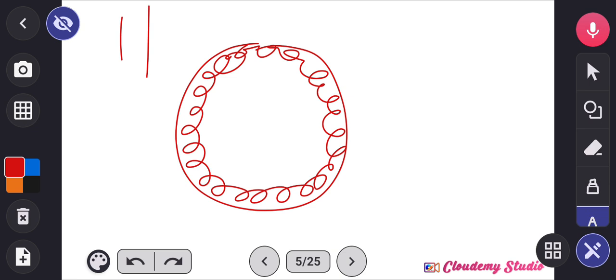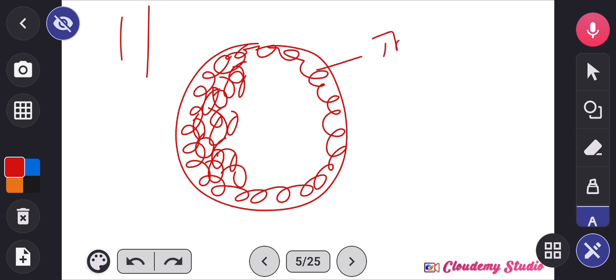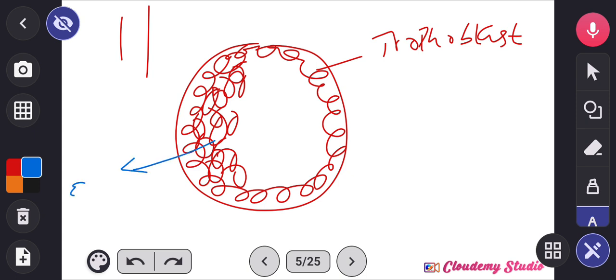There will now be some cells that are inside. We refer to them as the trophoblast and the embryoblast. The one that is outside we call the trophoblast, also referred to as the outer cell mass, and the one inside we refer to as the embryoblast.